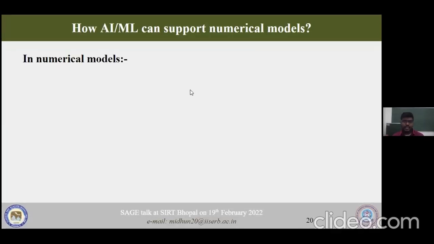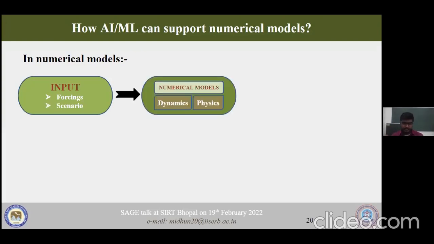Basically, in numerical models, we have some inputs that may be a forcing file or scenario file or the observations. Then it is passed on to the numerical model. Each model has dynamics, which contain the solvers, like how to solve this and what the resolution of the grid will be, and physics, like the parameterizations of various processes.